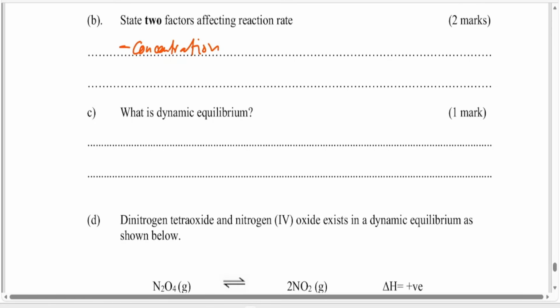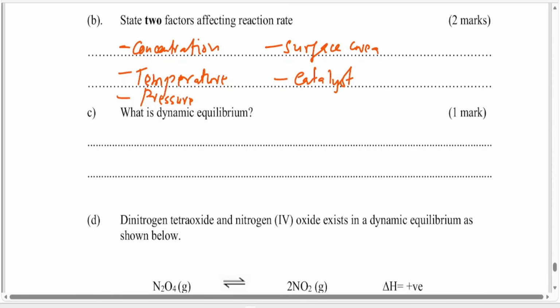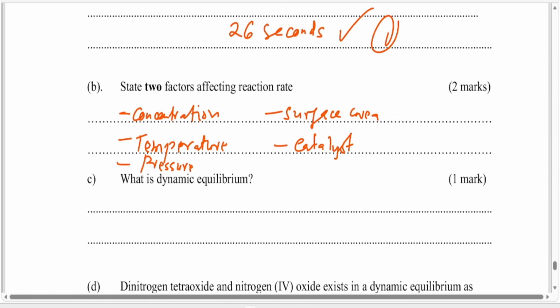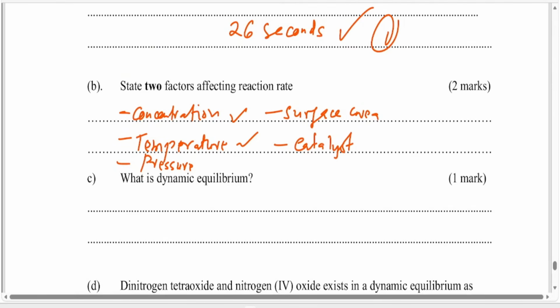We also have temperature. We also have pressure for reactions that involve gases. We also have surface area. We also have catalyst. A catalyst affects the rate of a reaction by lowering the activation energy. So any two of these gives you 2 marks.